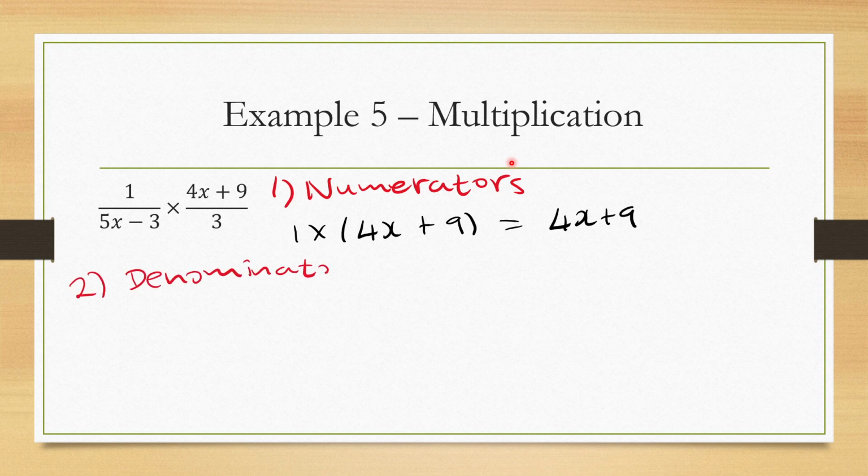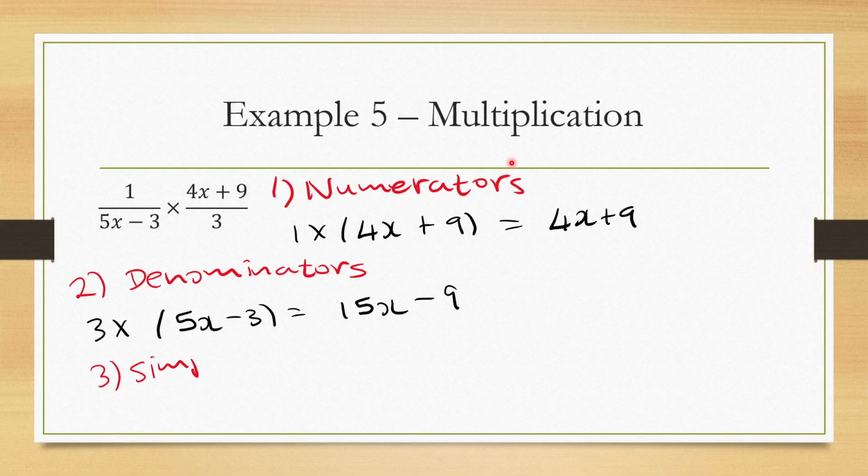Now we look at the denominators. The denominator is 3 multiplied by 5x minus 3, which is 3 times 5x, that's 15x, and then 3 times minus 3 is minus 9. Now we simplify it. Simplify means putting it one on top of the other.